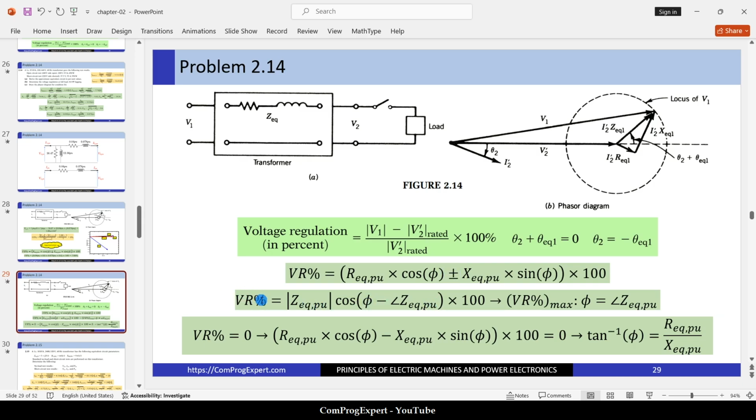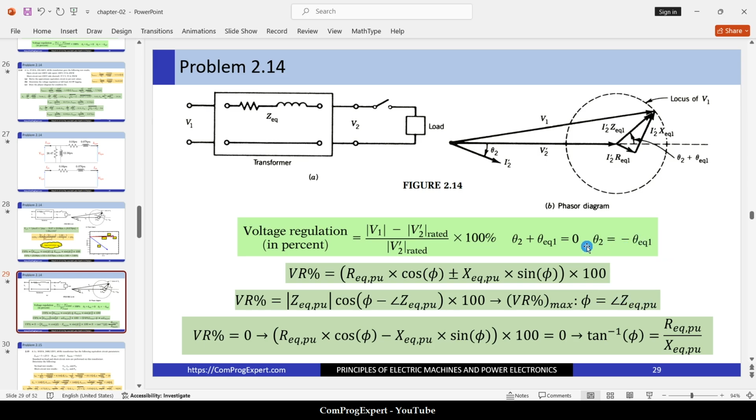So the voltage regulation is the amplitude of the Z equivalent in per unit form times this. So this is maximum when the value of the phi angle is equal to the angle of the internal impedance of the transformer. Yes, this condition.